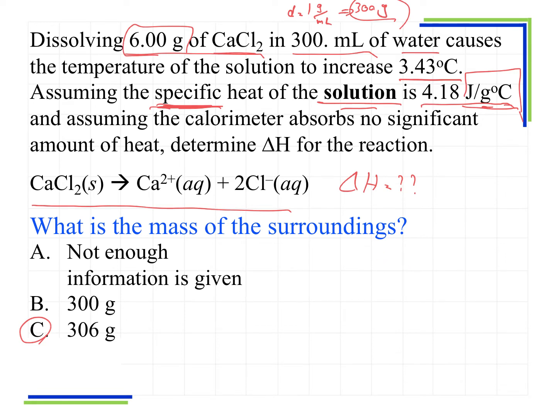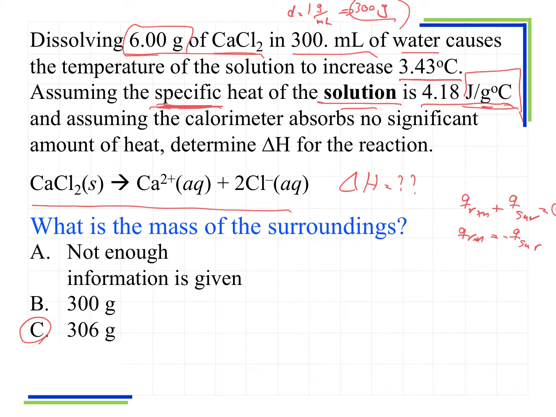All the heat exchange in the surrounding and the system equals 0, right? That was the same thing I said. So if Q of the reaction plus Q of the surrounding equals 0, then Q of the reaction equals the negative of Q of the surrounding.